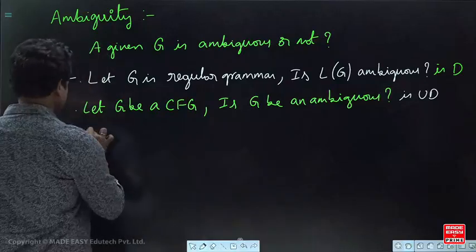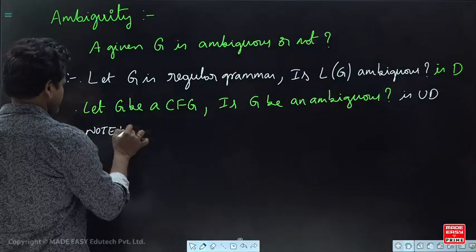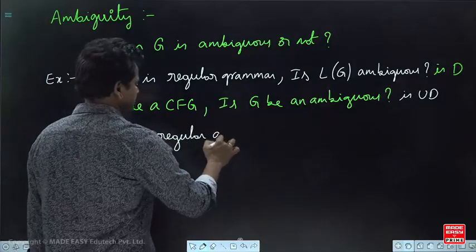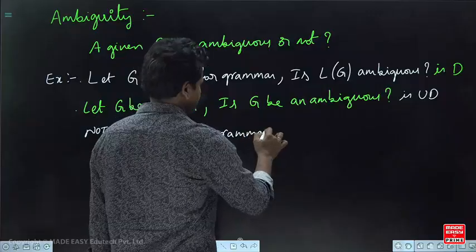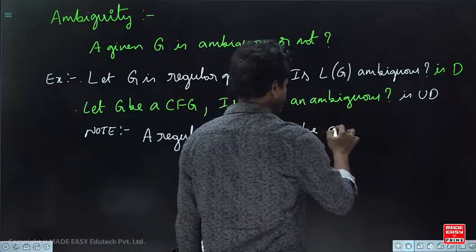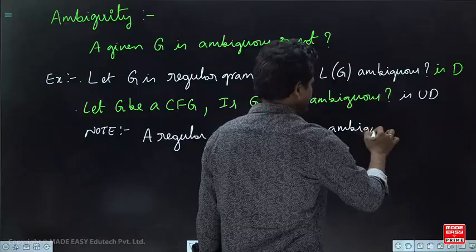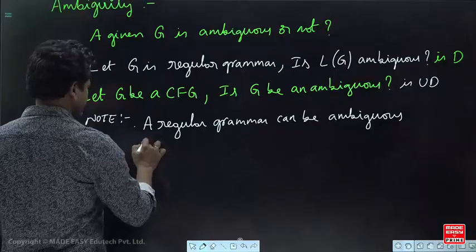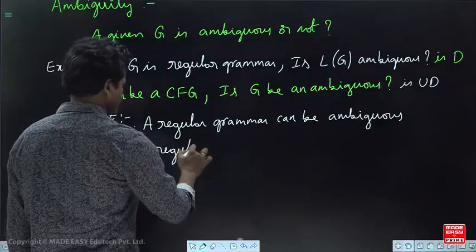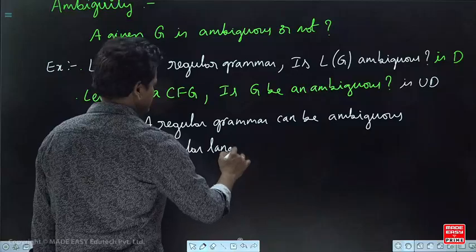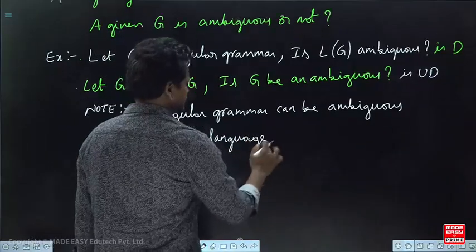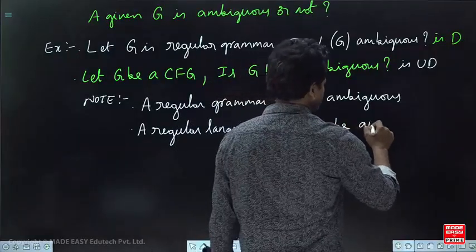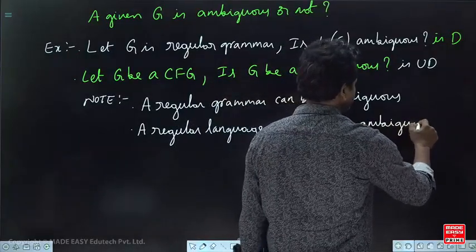Now, so everything comes from the table. Take a note. A regular grammar can be ambiguous, means it may be ambiguous or it may not be ambiguous, whereas a regular language can never be ambiguous.